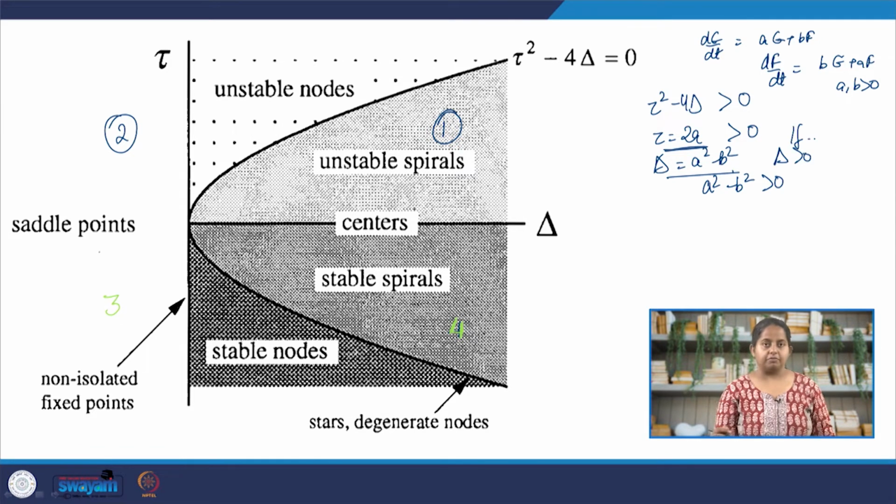If delta is positive, what is the condition required for delta to be positive? The condition required for delta to be positive is that a square is bigger than b square.